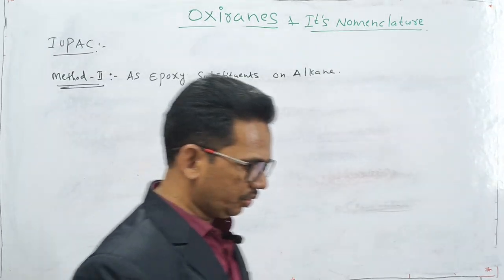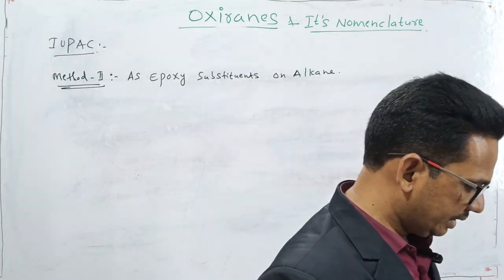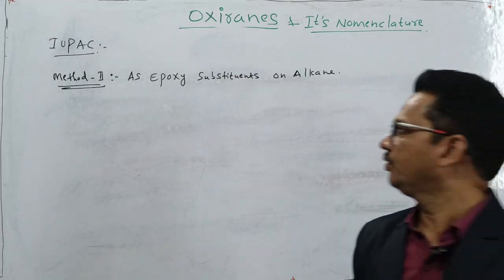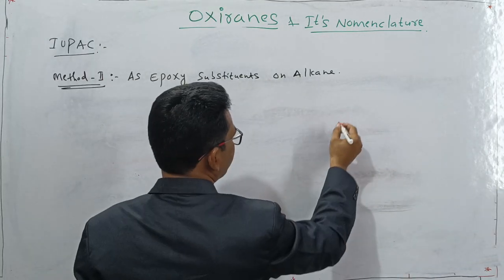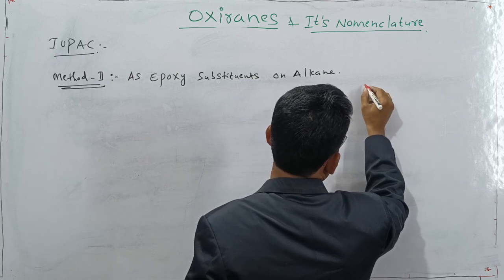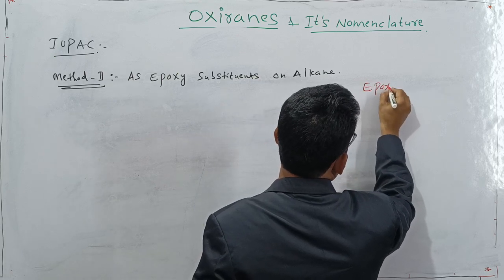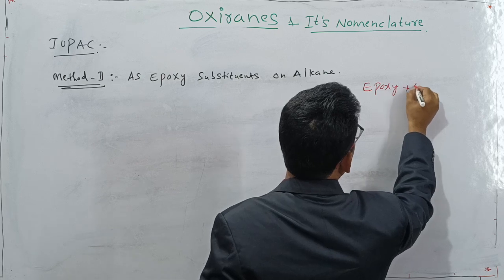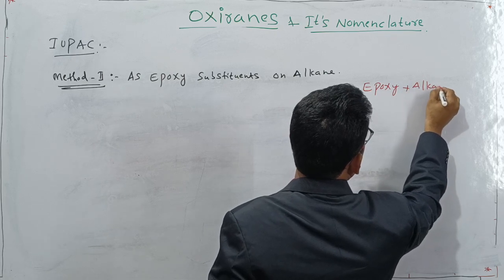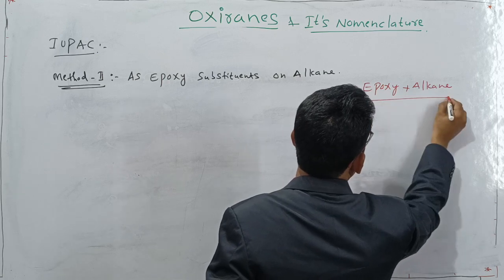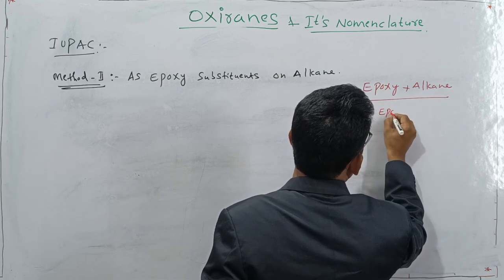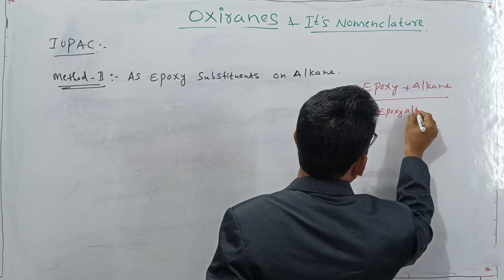Then how are we going to give the name for this one? For the nomenclature, we always write substituents as the prefix, that is epoxy, plus alkane, that is the alkane chain name. That's why the name for this one we write as epoxy alkane.